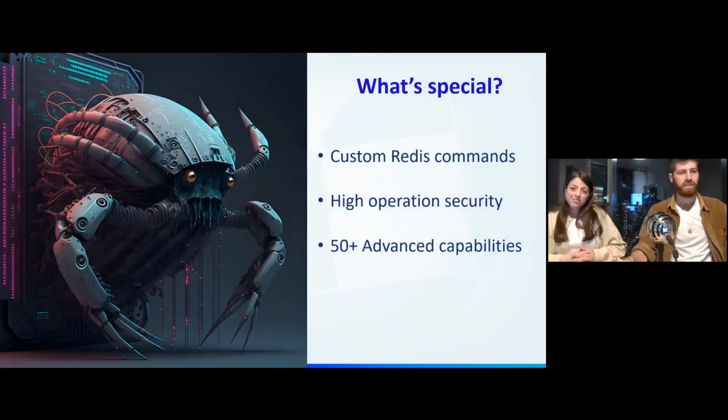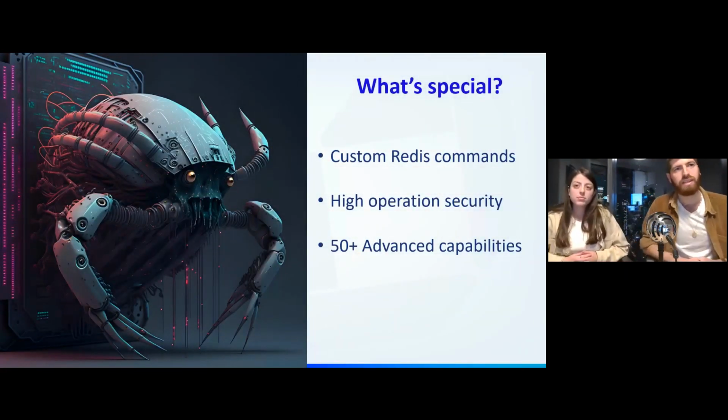Thank you, Nitzan. So now let's take a look at the technical view of HeadCrab, now that we know a little bit about it. So what makes HeadCrab so special? First of all, HeadCrab is the first malware that we've seen using custom Redis commands as the C2 channel in order to communicate with the malware. We're going to delve into that a little bit deeper in the later slides.